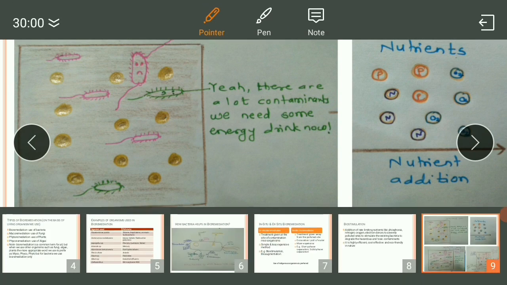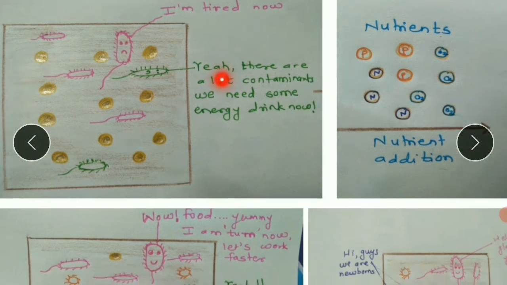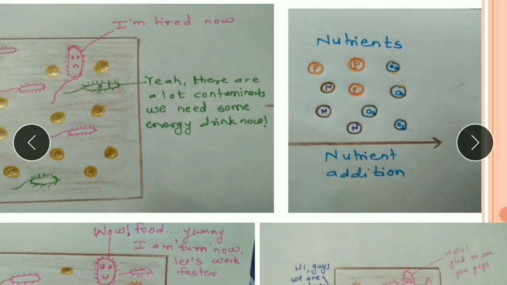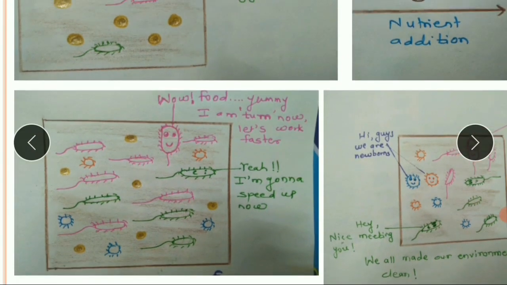The pink and green organisms are indigenous organisms, and since they have a slower metabolic rate, or since they are tired, they are saying they need some energy drink. So let's provide them some energy drinks. We have added nutrients, and now they are very happy, and they are saying they are going to speed up their process.